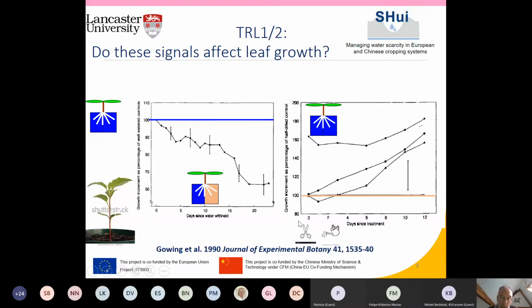In the other case, the roots in drying soil were excised, and again the growth rate of the leaves recovered, again demonstrating that it was probably chemical signals moving from the roots to the shoots that were controlling the responses of these plants.